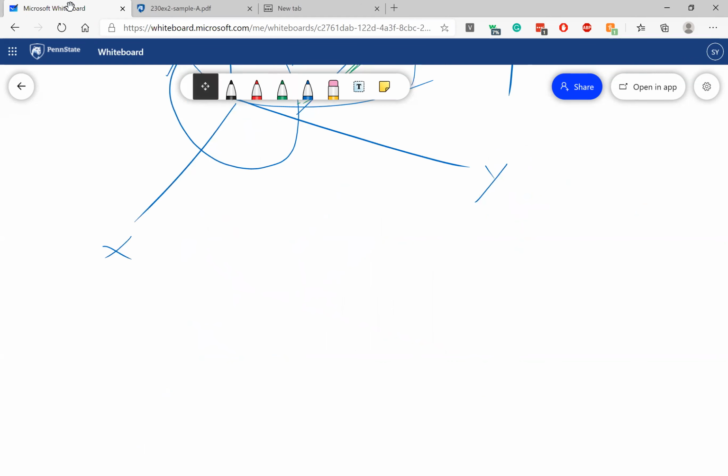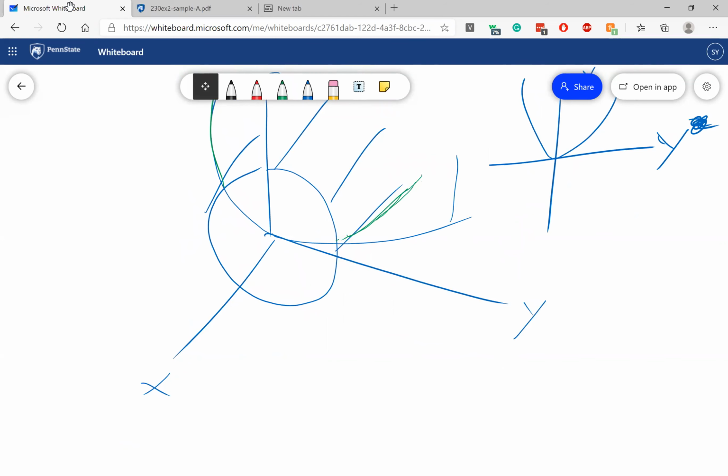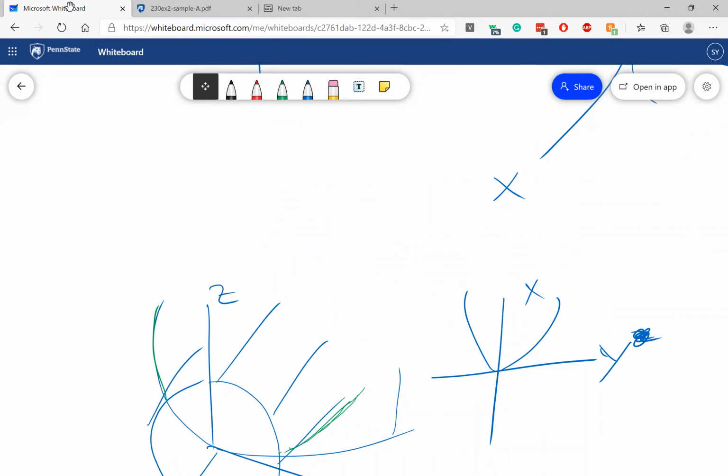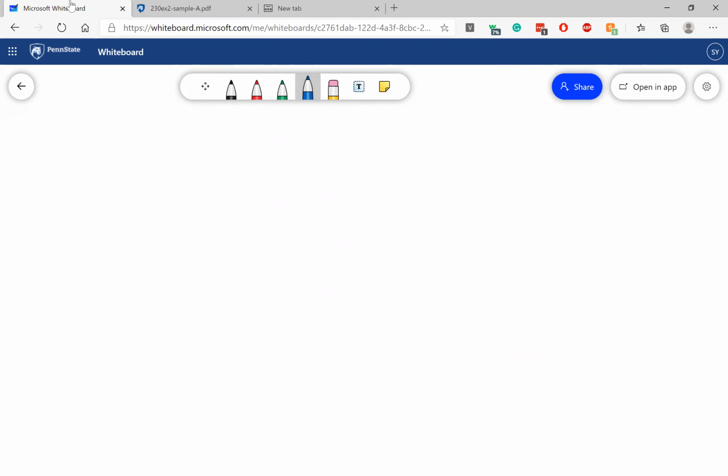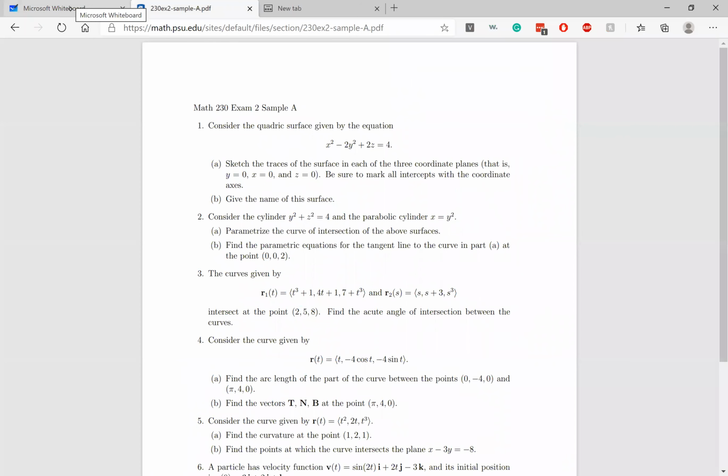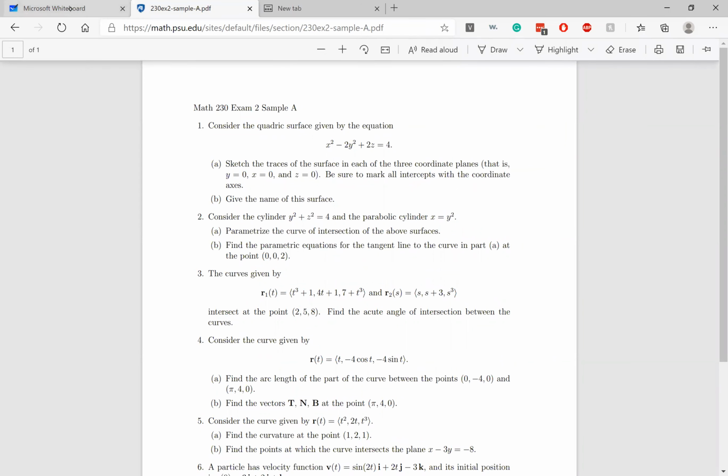So when we parameterize a curve, we only want one variable in the end, and we would want that variable, for example, to be t. The cylinder itself can easily be parameterized in terms of t.